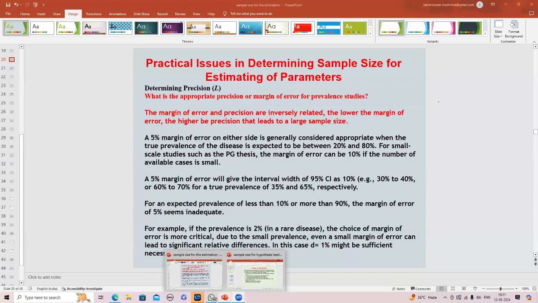Generally, we find the correlation in cross-sectional studies, and also in observational studies, but normally in 80 to 90% of cases we calculate correlation in cross-sectional studies. The formula for finding the sample size for correlation is the same. There is no difference according to the study design; the formula is this one.